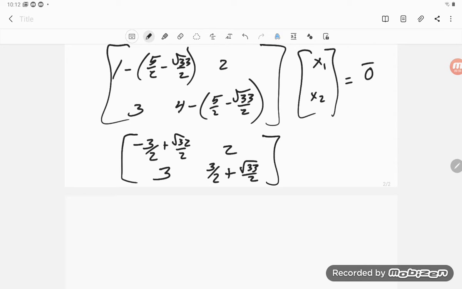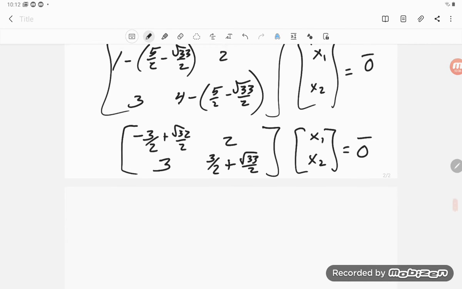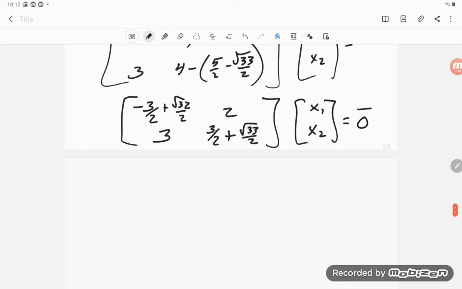So I have that matrix times x1 and x2 equals 0. Now, hopefully, if I did this correctly and do my row reduction, I will get zeros in the bottom for RREF.